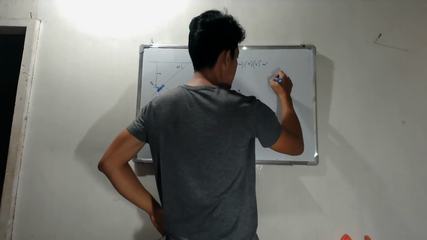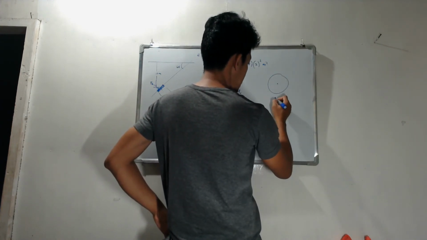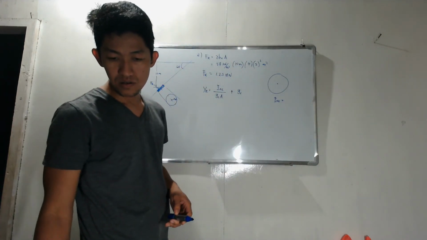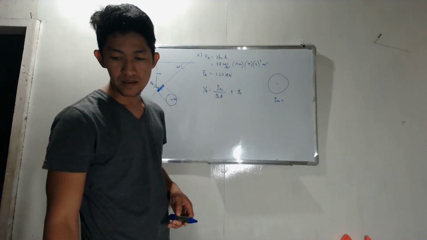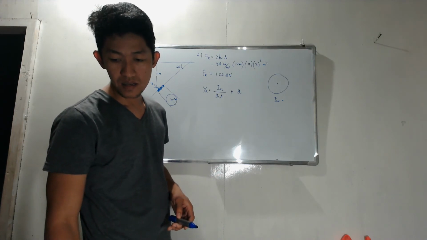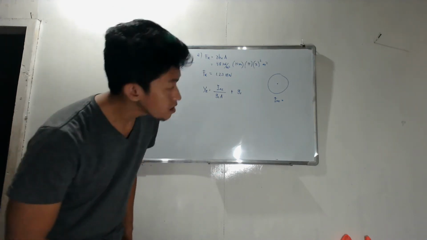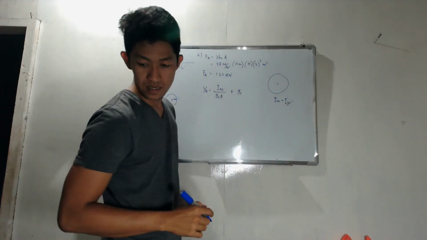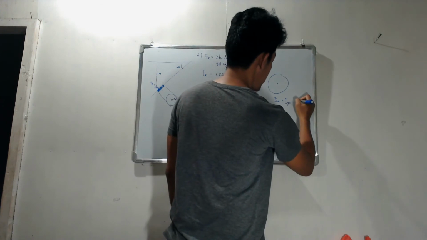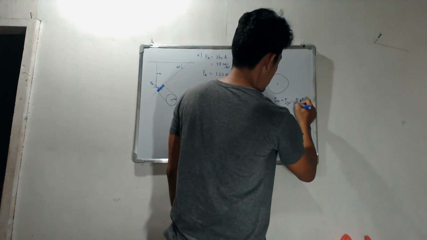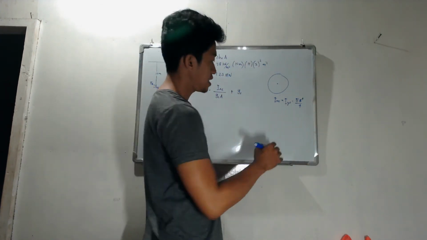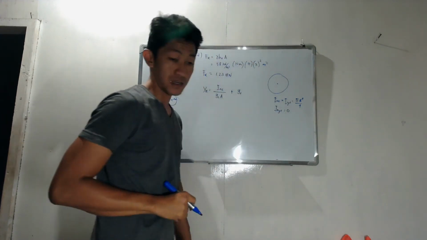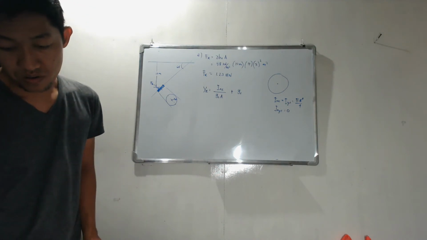Now for a circle, I sub xC is equal to pi r to the fourth over 4, and I sub xyC is 0.